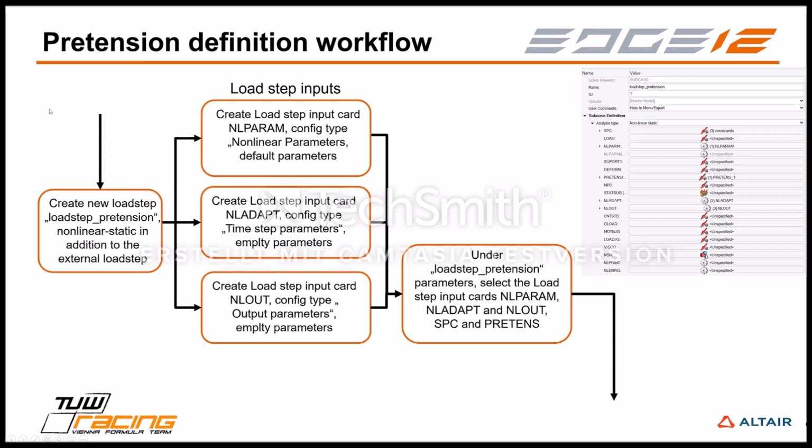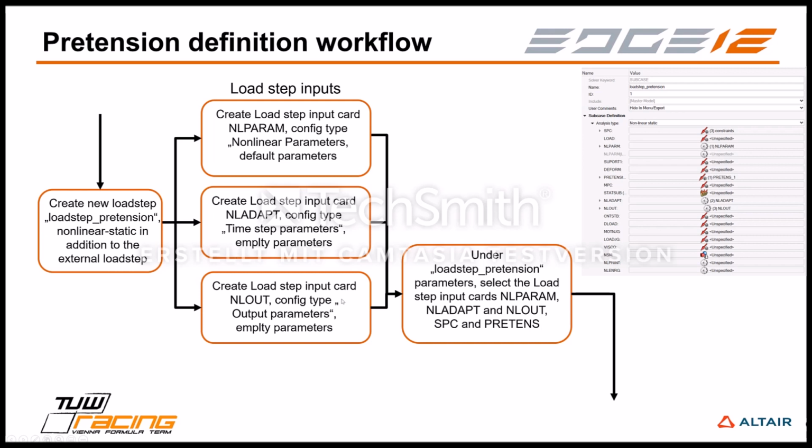Following that, we create a new load step, which we call load step pretension, which is a nonlinear static load step in addition to the already existing external load step, in which the external load is applied to the tire. For that, we need to create some load step input cards called NL_parent, NL_adapt, and NL_out, which we first have to define.